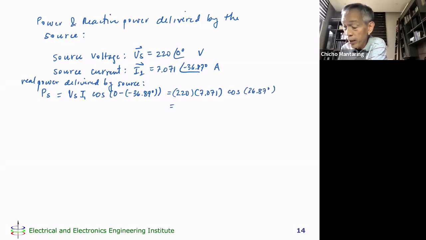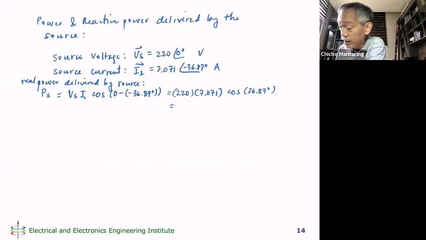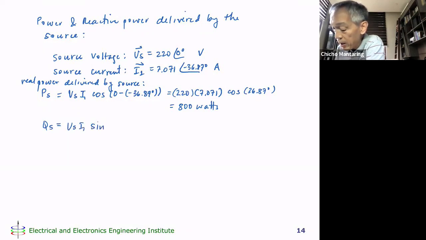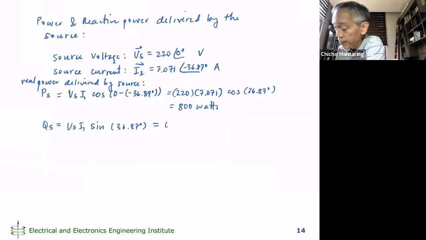And you are going to get exactly equal to this, 800 watts. No? On the other hand, QS is going to be Vs I1 sine of 36.87 degrees. And this is going to give you 600 vars.